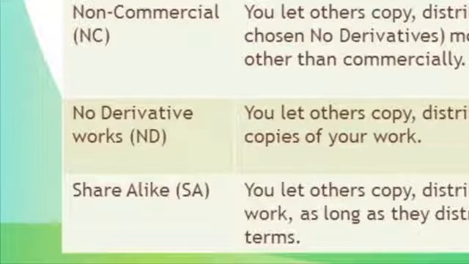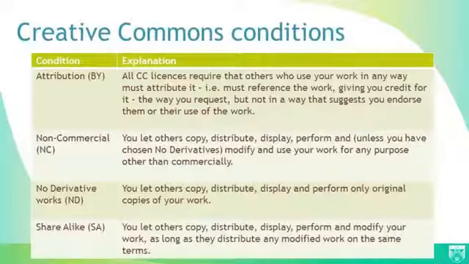Share alike is a very widely open license, which says once you've created a material and you are putting it in the Creative Commons domain, which has got an SA condition, which means share alike condition, you let others copy, distribute, display, perform, modify your work, as long as whatever they create as a modified work, they also share it alike with other people.